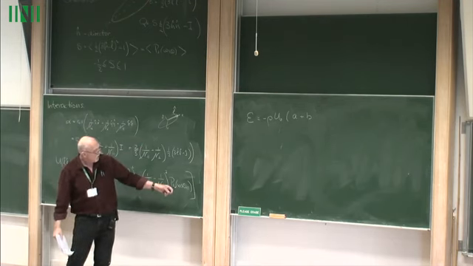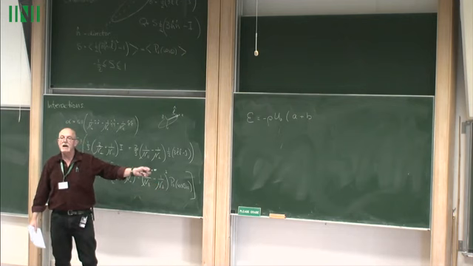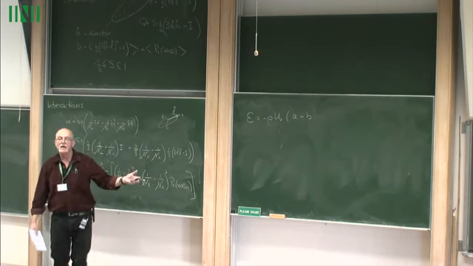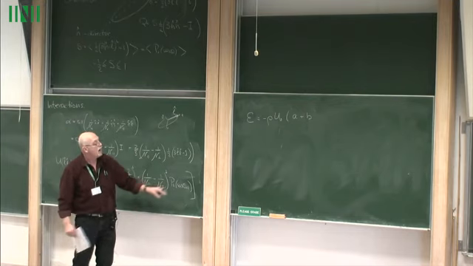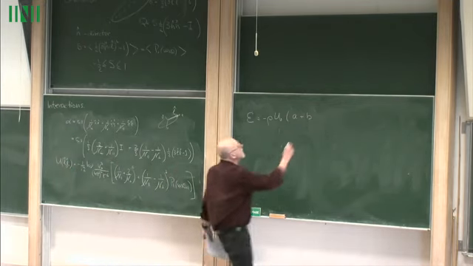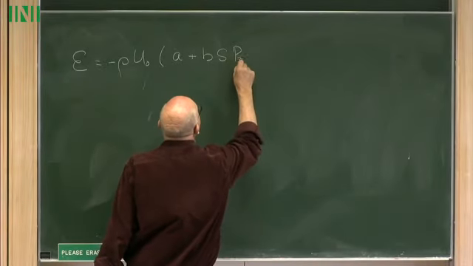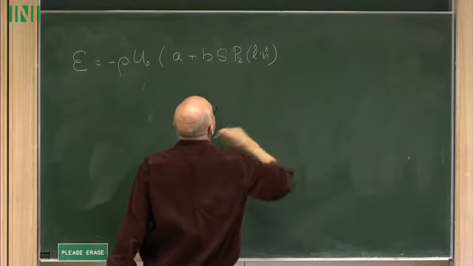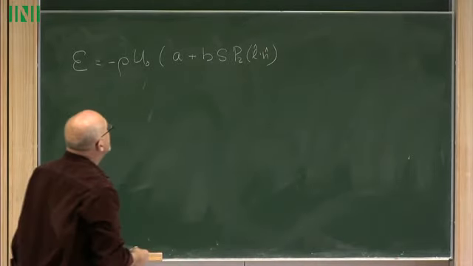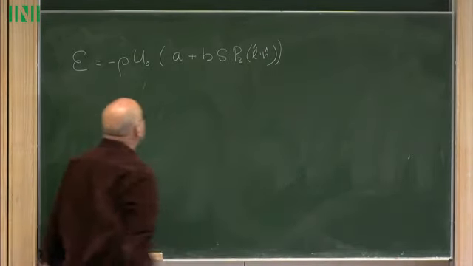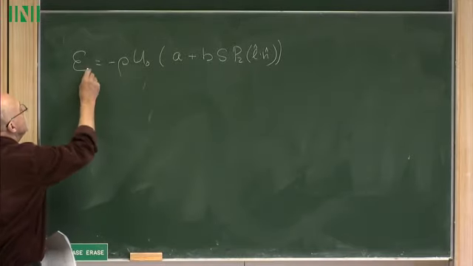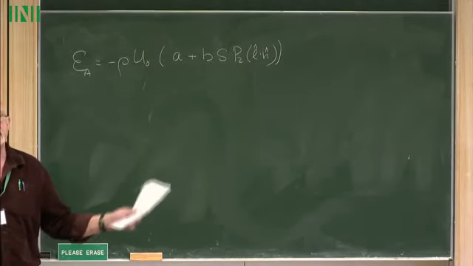And so this is just P2 of L1 dot L2. And so I can use the addition theorem of spherical harmonics, split this into a product. And so here we just get S P2 of L dot N inside. So this is the energy of a molecule, the attractive energy of a molecule with all the neighbors.